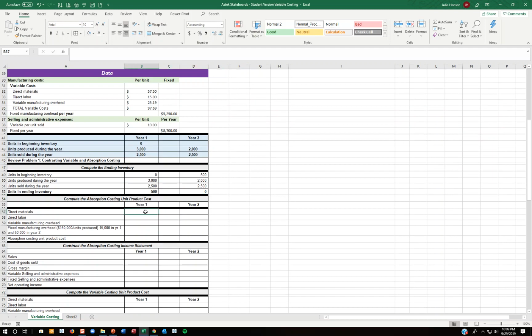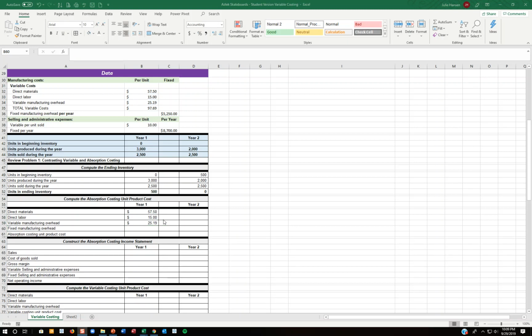Now what we're going to do is compute the unit product cost using absorption costing, and here we go. Remember, you and I decided that the direct materials were here, the direct labor was here, and the manufacturing overhead was here. Now here's where things get a little bit interesting.